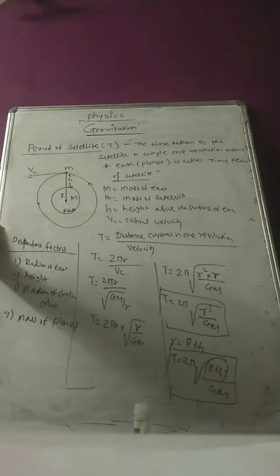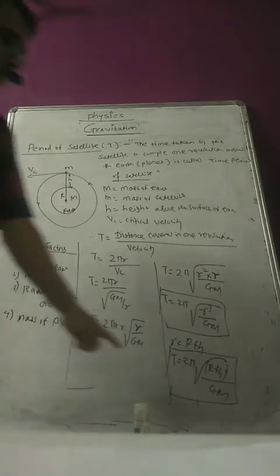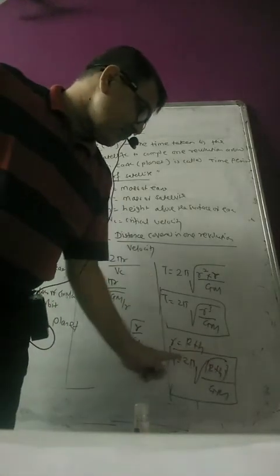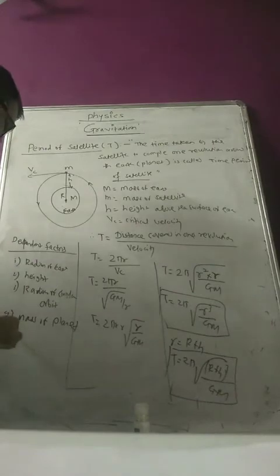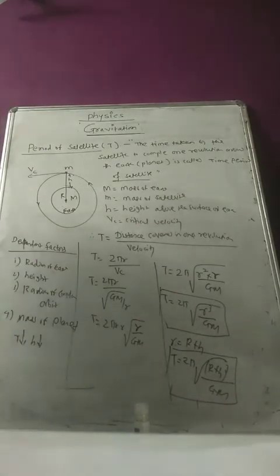Okay, मुलांनो मग आता तुम्हाला काय रिलेशन दिसतं की जेवढी तुमची हाईट वाढेल तेवढा टाइम पिरियड सुद्धा काय होईल रे? हाईट समजा तुमची वाढली तर टाइम पिरियड सुद्धा वाढेल, आणि हाईट जर कमी केली तर टाइम पिरियड सुद्धा मुलांनो काय होईल? तुमचा कमी होईल. म्हणजे T decreases, time period decreases as h decreases and vice versa.